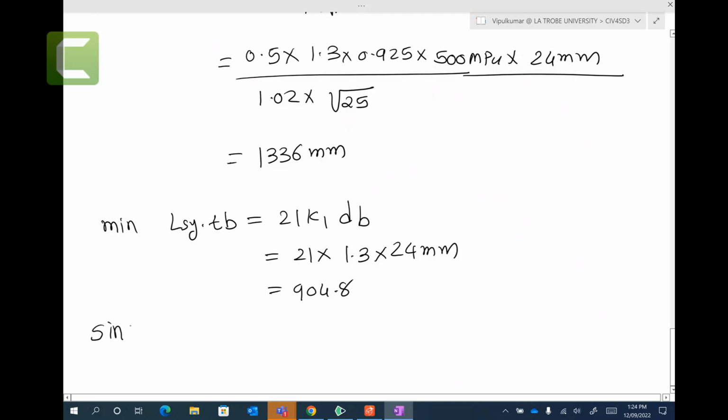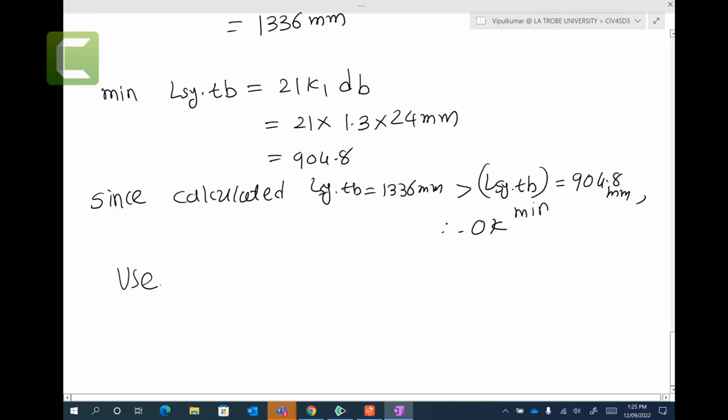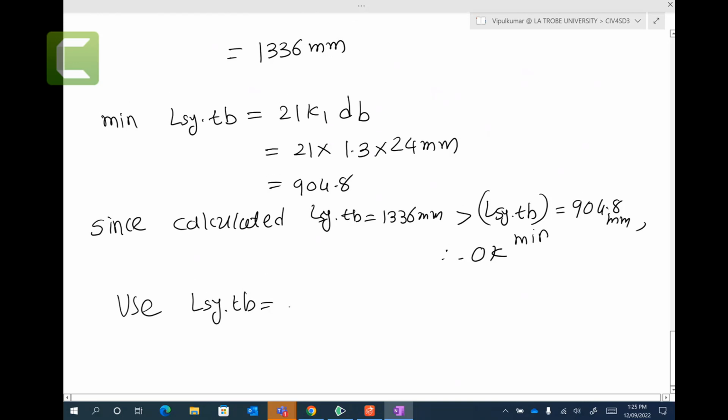Since our calculated LSYTB equal to 1336 millimeters is greater than the LSYTB limit or minimum, which is 904.8 millimeters, therefore it is okay. So we can use LSYTB equal to 1336 millimeters.